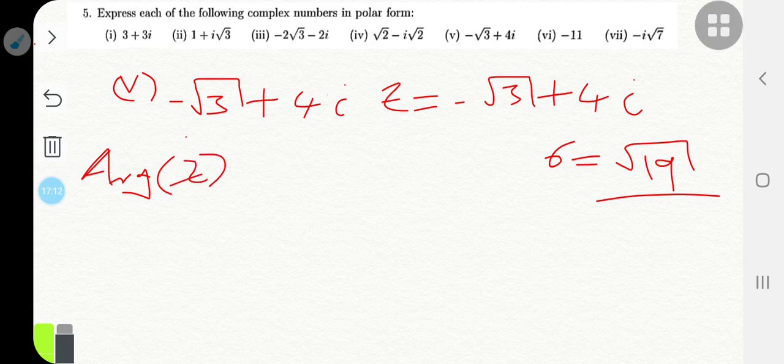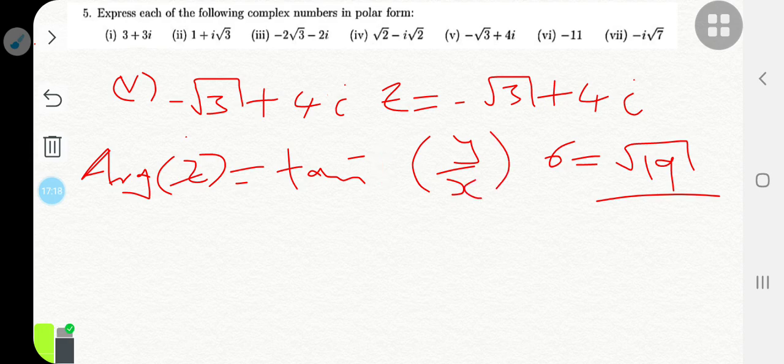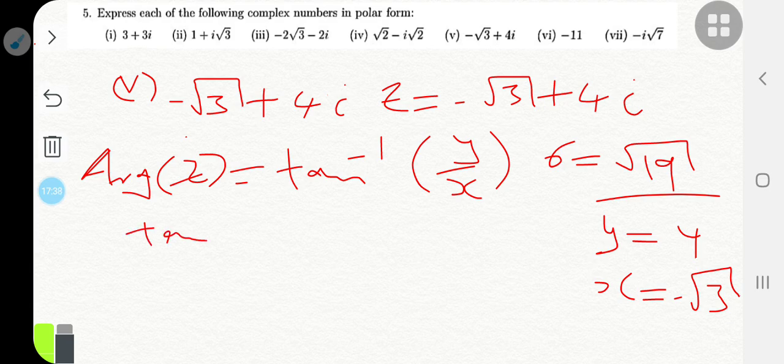So now since we have found our r, let me find my argument. Argument of z is just equal to the tan inverse of y over x. What is my y? My y is just equal to 4, and my x is just equal to the negative root of 3.